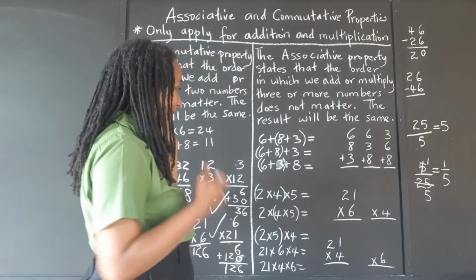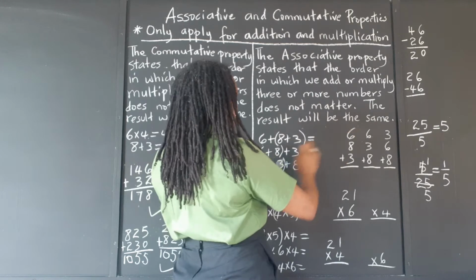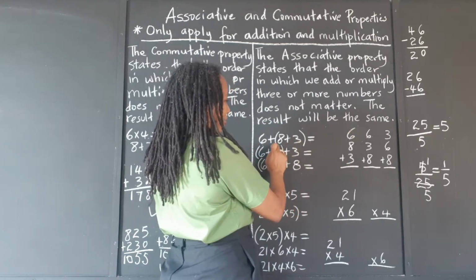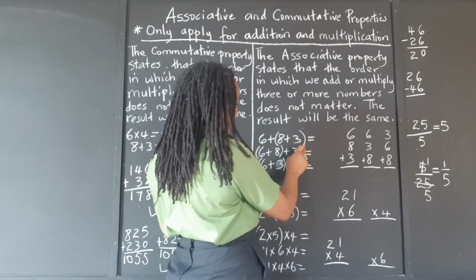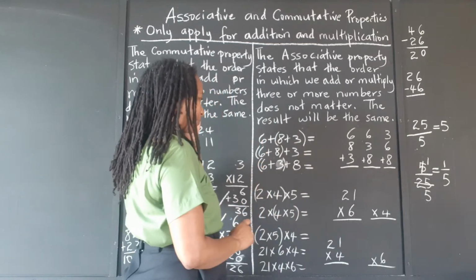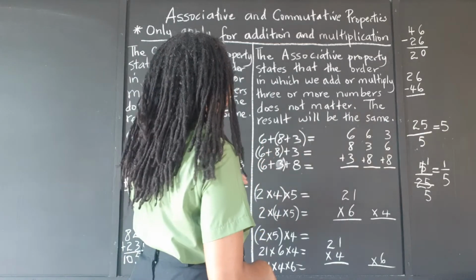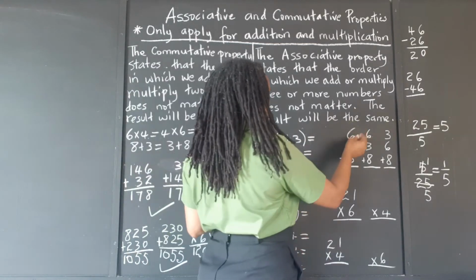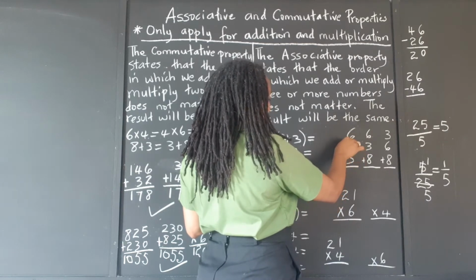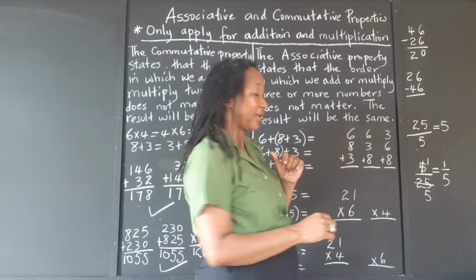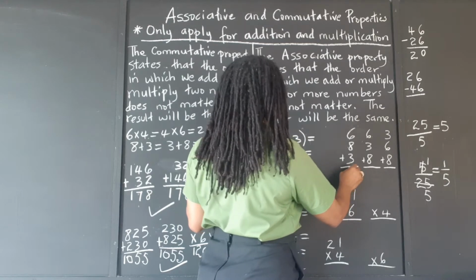So we are going to see if we add, so for this one we'll add the 3 and the 8 first, and then the 6. So 3 plus 8, 11 plus 6 would give 17.